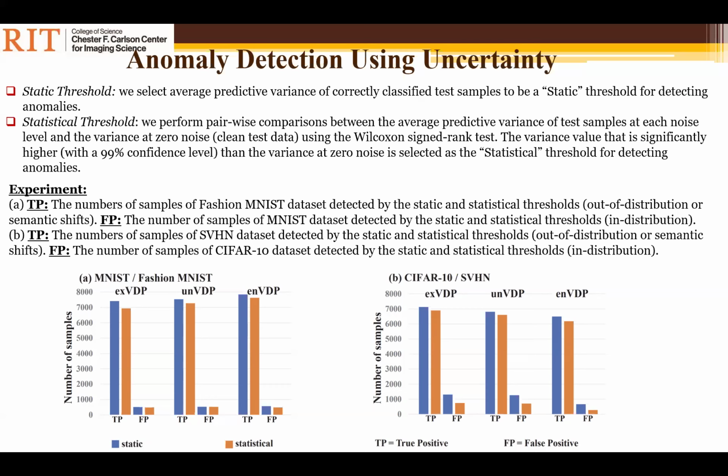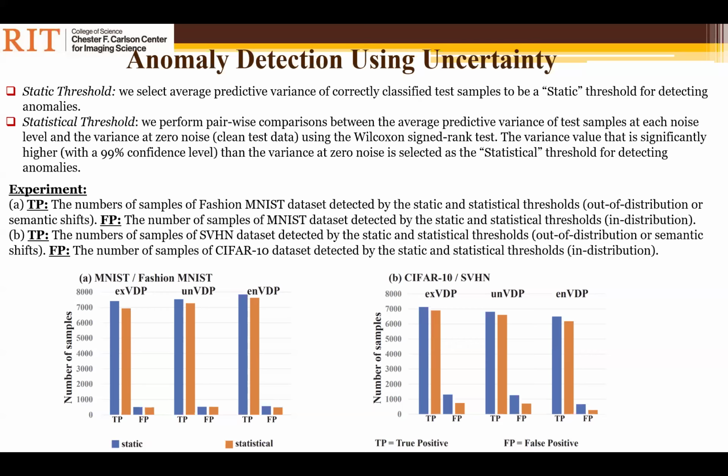And similarly for CIFAR-10, we chose another dataset to check anomalies, which also has colored images and a similar structure, but different types of classes. So we trained the model on one dataset, and we want to test it both on the same dataset and on a different dataset, where testing on the different dataset is basically to check for anomaly detection. The question is whether the model is going to detect that these samples are not really similar to what the network is trained on.